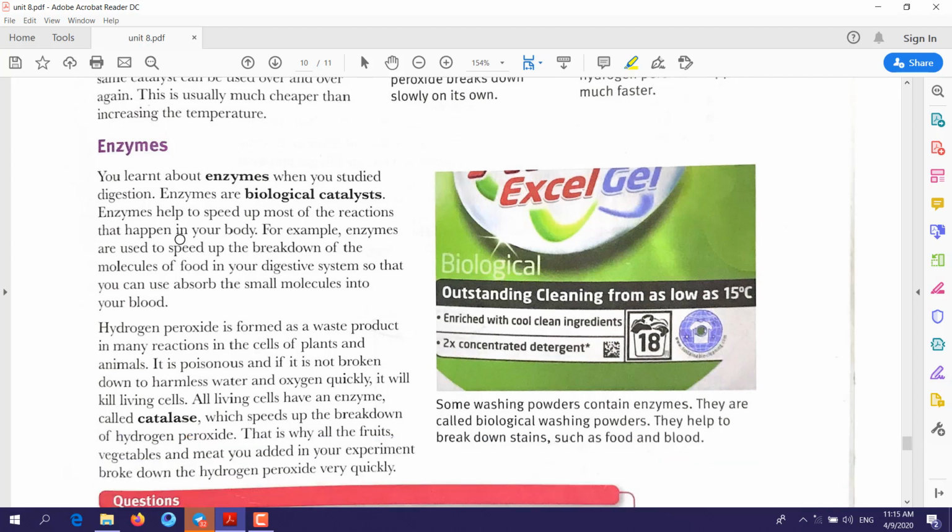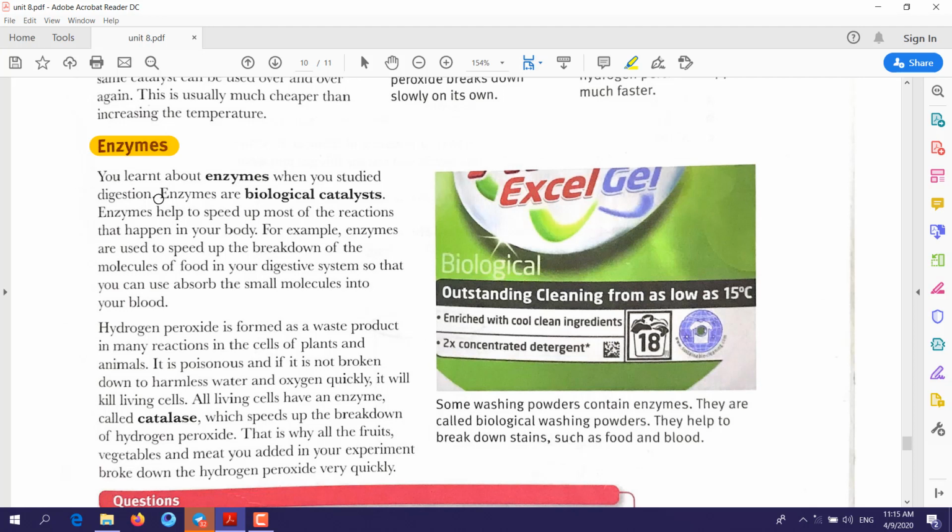Another example is enzymes. Here we are talking about living things, humans, plants, animals. Let's take the example of enzymes in humans.